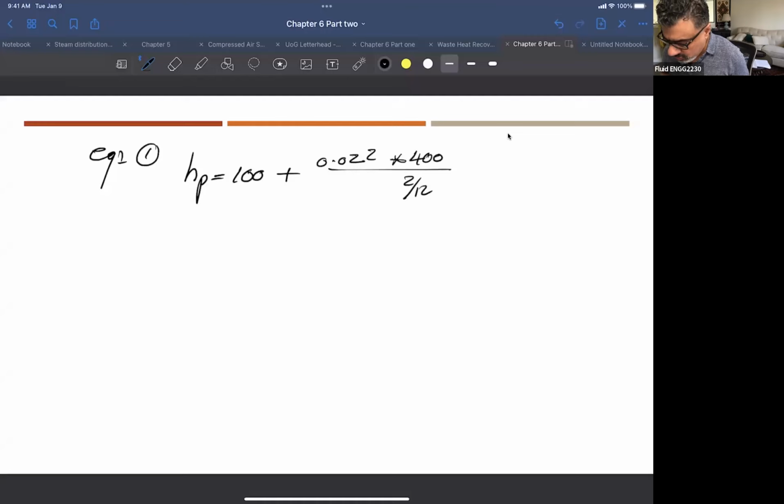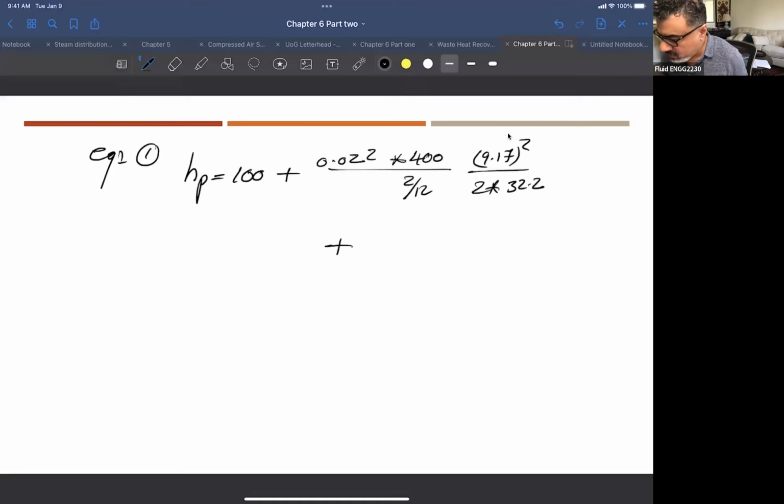Just make sure that everything we have here is in feet. And the velocity here is 9.17 squared divided by 2G. G here is in feet per second squared, which is 32.2. So all these are the friction losses, right?